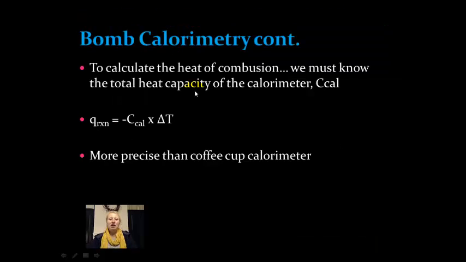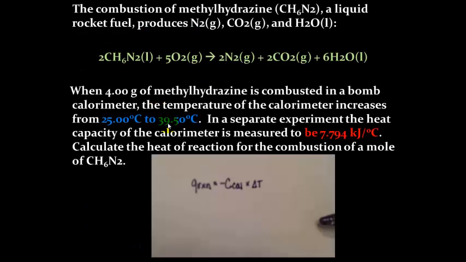So to calculate the heat of combustion in a bomb calorimeter, you have to know the heat capacity of the calorimeter. So unlike regular calorimetry, to find Q, you're just going to take the negative heat capacity of the calorimeter times the change in temperature. And bomb calorimetry is much more precise than coffee cup calorimetry because the calorimeter is much more isolated.